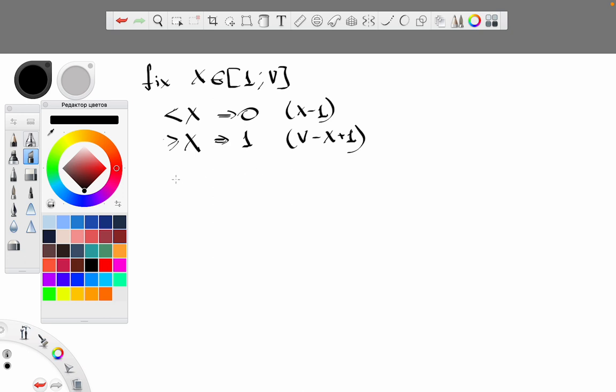And we are now constructing sequences of zeros and ones, but each zero was actually one of the x minus 1 numbers that are smaller than x, and each one was actually one of the v minus x plus 1 numbers that are greater or equal than x.